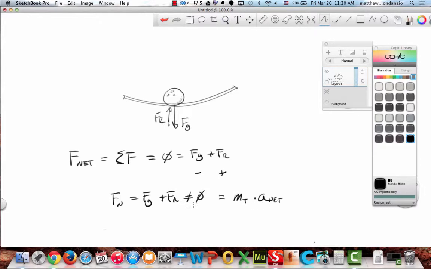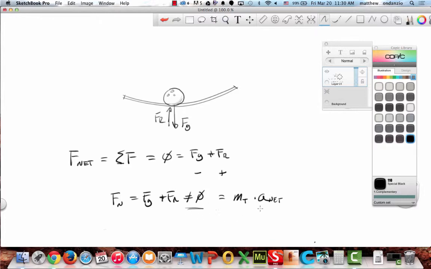So if it's not 0, what can accelerate? If my force net does not equal 0, what does my acceleration have to be? Has to be anything but 0. Do you follow me?